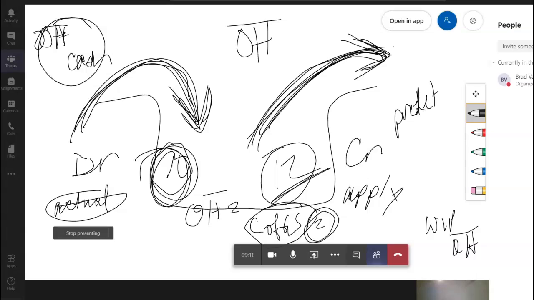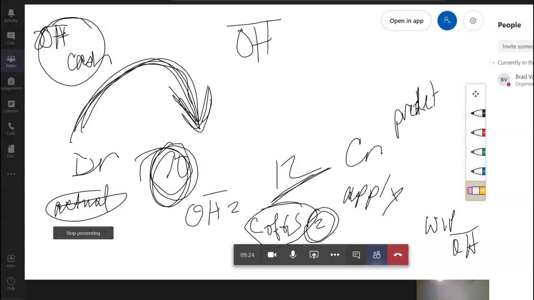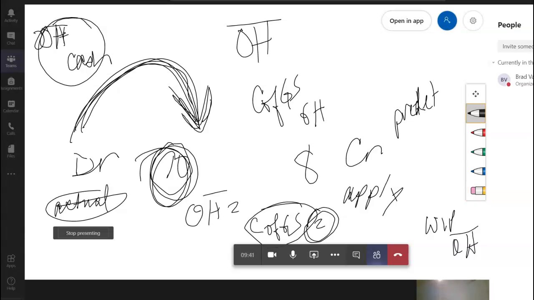On the flip side, if this was back to our example of 8 again, then what would we have to do? Let me erase some of this. We'd have to credit overhead and debit cost of goods sold, because if there was 8 in here, that means we didn't apply enough.